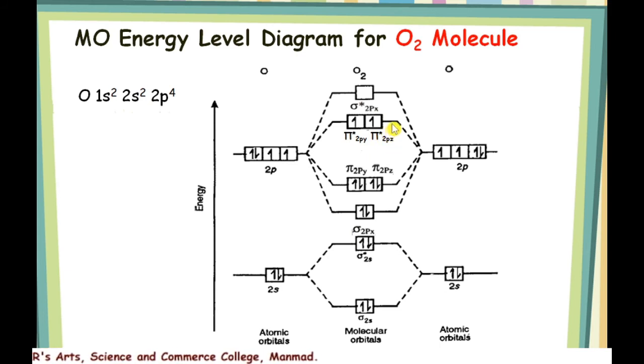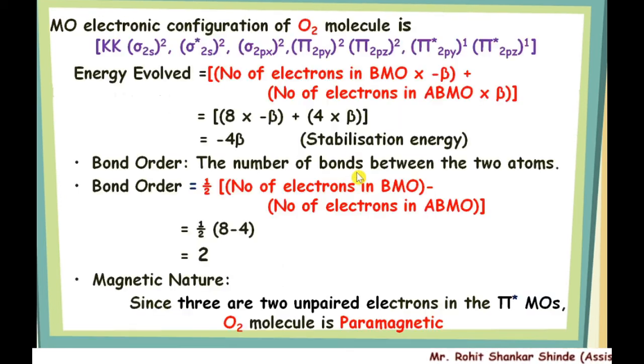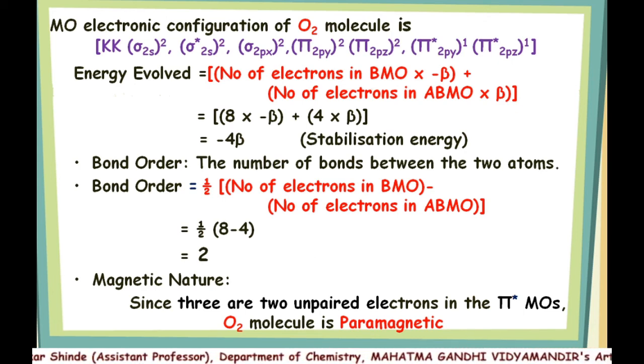If a molecule possesses an unpaired electron, then the molecule becomes paramagnetic, and due to these two unpaired electrons, the O2 molecule is paramagnetic. According to VBT, the oxygen molecule should be diamagnetic, but in practice it is paramagnetic. Molecular orbital theory can explain the paramagnetism of the oxygen molecule, and that's why molecular orbital theory is superior to valence bond theory.